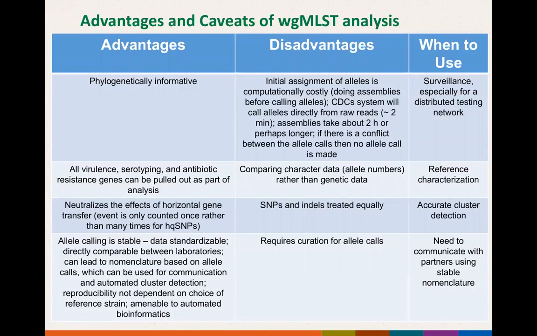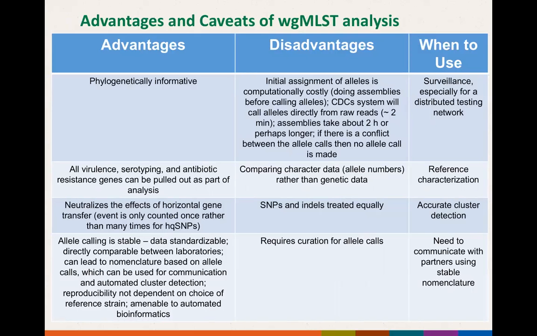So here's a summary of the advantages and caveats of whole genome MLST. It also provides phylogenetically informative information. We can pull out very quickly genes that allow us to determine serotypes and antimicrobial resistance. It has an effective way to neutralize the effects of horizontal gene transfer. If one locus is different by a lot of nucleotides between two isolates, it's really only counted once, because we don't count the differences in SNPs, we just count the difference in alleles.